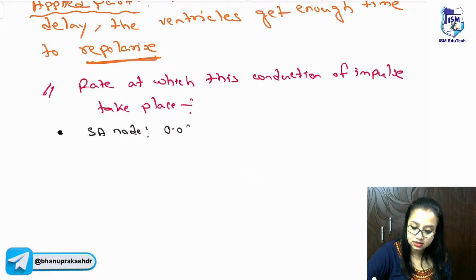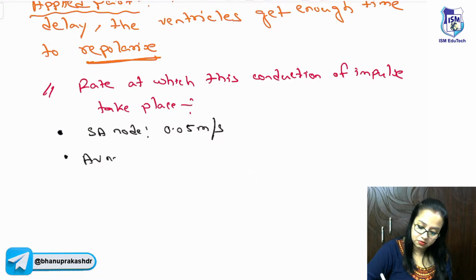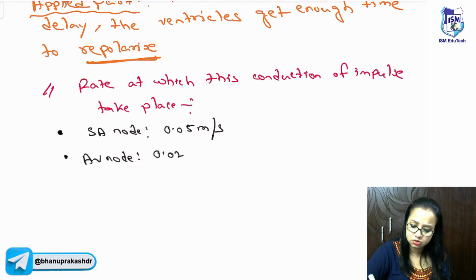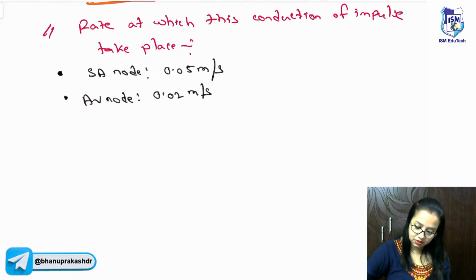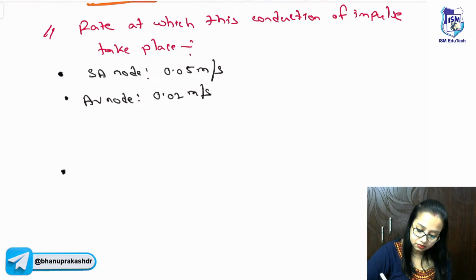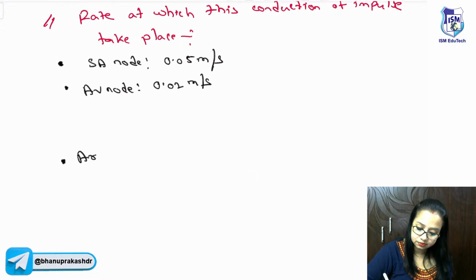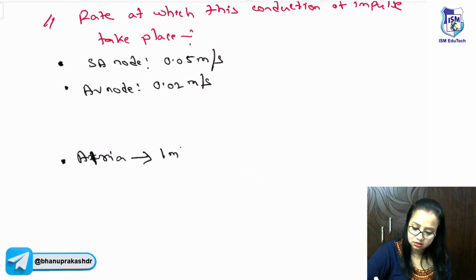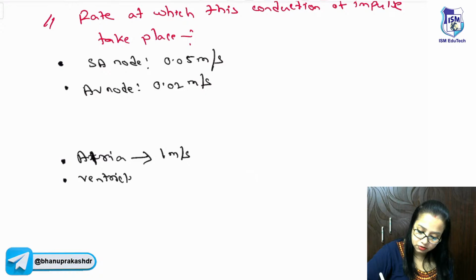The rate is 0.05 meter per second. Now from the AV node to the bundle of His, it is very slow, rather slowest, about 0.02 meter per second. I'm keeping a gap because we will write about it. Then through the atria, atria also has cardiomyocytes. It is relatively faster. It is 1 meter per second. Through the ventricles also it is faster, same.